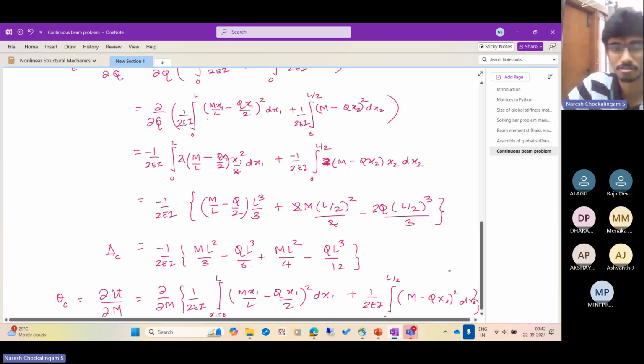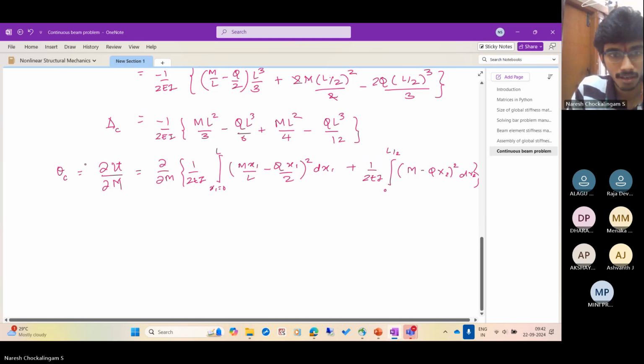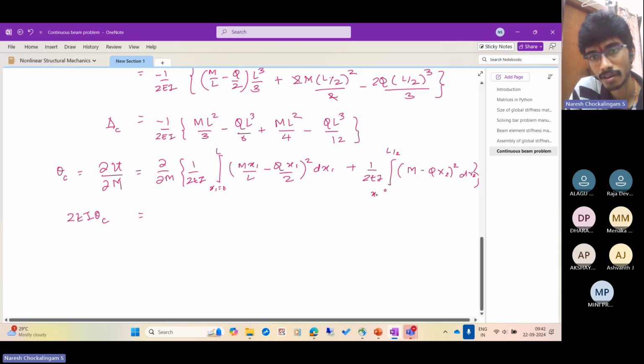The strain energy is the same, it's not going to change. Then just take the 2 EI outside, so let me call it 2 EI theta C is equal to dou by dou m of, now do the differentiation. I can take it inside because the limits don't depend on m.